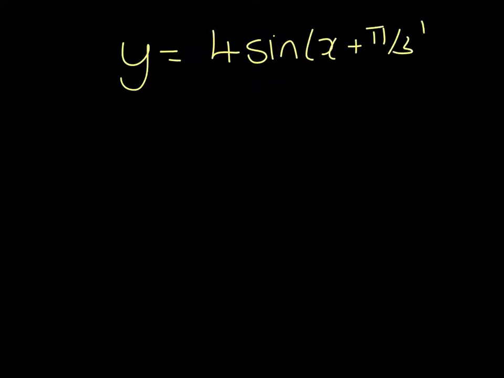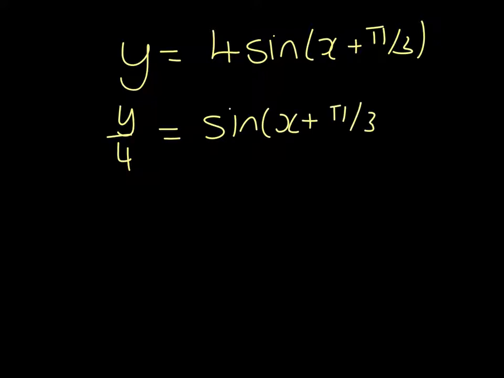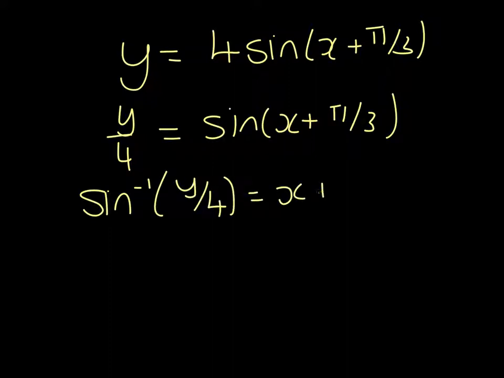Part 5, we're asked to find the inverse function, so I'm going to let y equal 4 times the sine of x plus pi over 3. That means that y over 4, and I'm trying to make x the subject here, equals the sine of x plus pi over 3. Means the inverse sine of y over 4 equals x plus pi over 3.